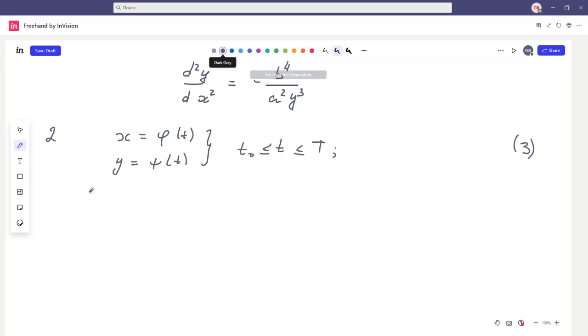The function x is phi of t has an inverse function t is t of x.